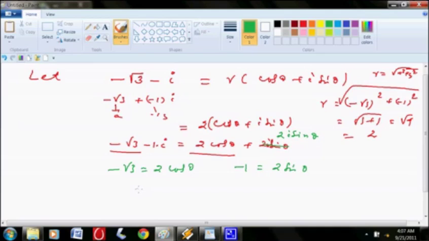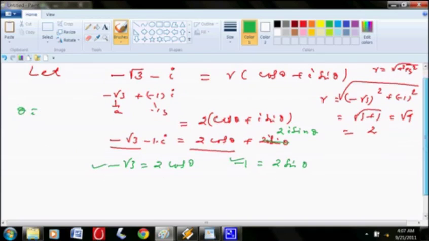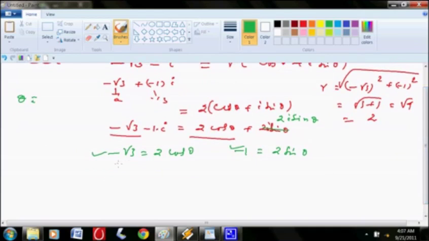Now getting theta is a little bit difficult because this is negative and this is also negative. Nothing to worry. If you find both are negative or even one is negative, just make a modulus sign over here. Do not take the consideration of the negative signs. Just write root 3 is 2 cos alpha.